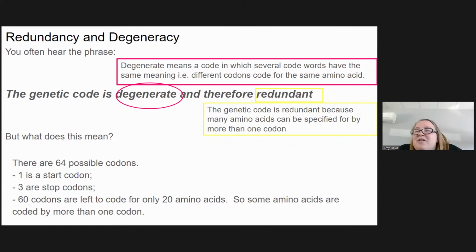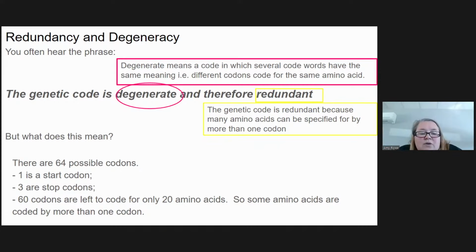But what does this mean? So we know that there are 64 possible codons, and that is a function of having 4 nucleotides and assembling them into combinations of 3. There are 64 possible combinations that we can make. One of these is our start codon, AUG, and 3 of them are stop codons. That leaves 60 codons left.